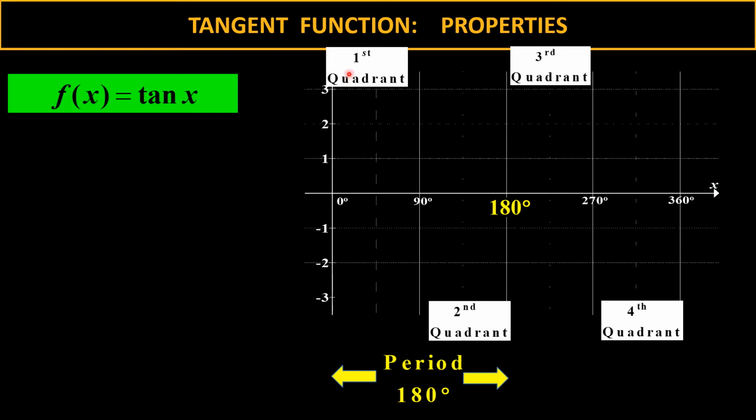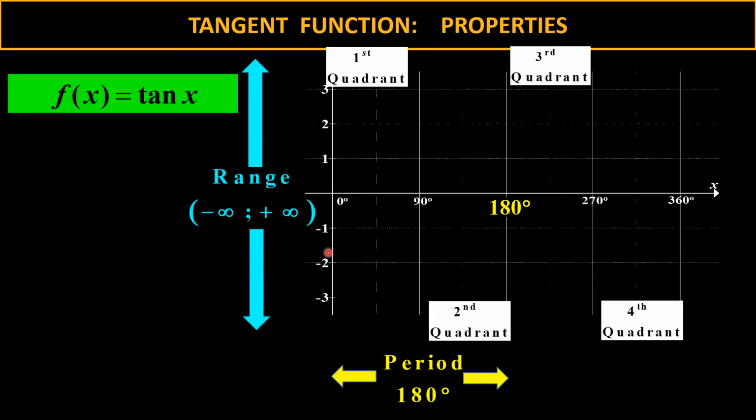You can see the pattern is repeated every 180 degrees. Positive, negative, positive, negative, positive, negative. The range for the tangent function, just note here, is between negative infinity and positive infinity. It doesn't have a minimum, it doesn't have a maximum value. And because of that, it does not have an amplitude.